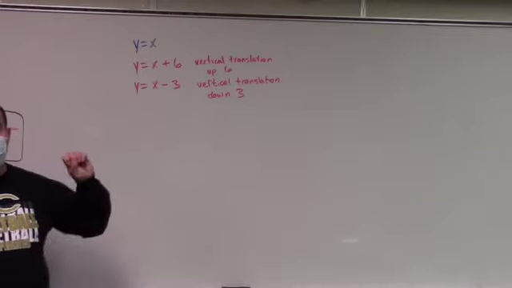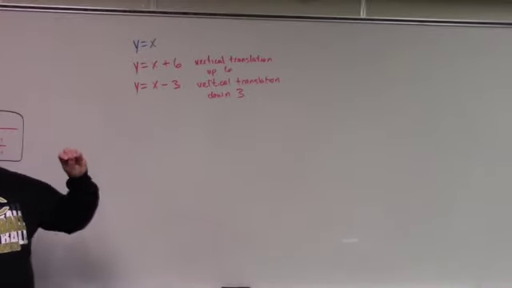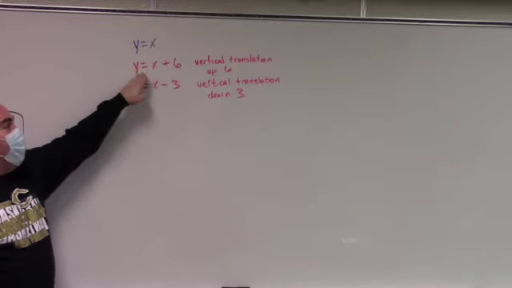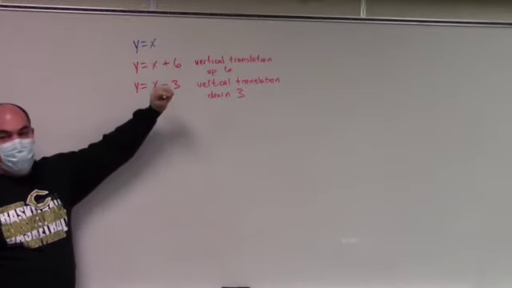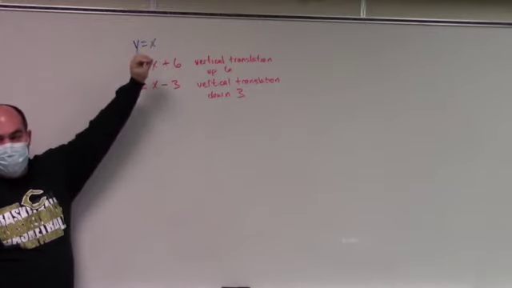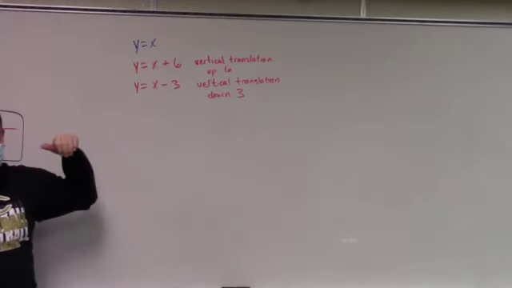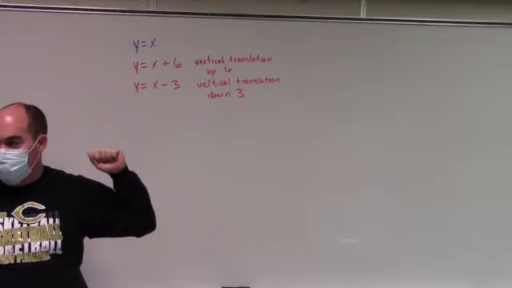Because right now we're comparing everything to the parent function. So the parent function would be y equals x. So if I say y equals x plus 6, I'm translating it up 6. If I say x minus 3, I'm translating it down 3. Okay, does that make sense?